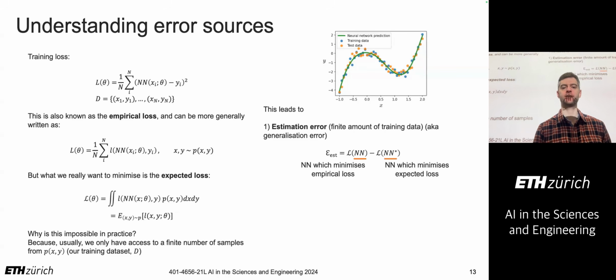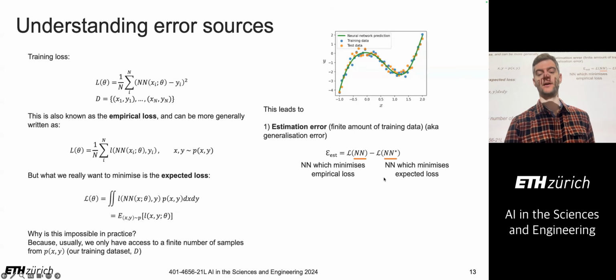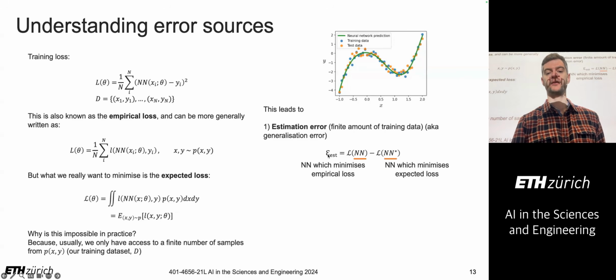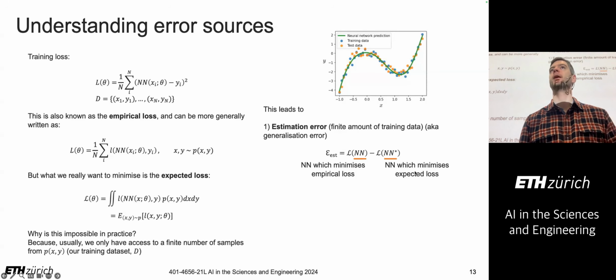So this leads to what we call estimation error. This is the difference between training a neural network on this empirical loss, where we're only fitting to finite samples in this distribution, versus the neural network which would actually minimize that expected loss, and that produces some error in this expected loss landscape.